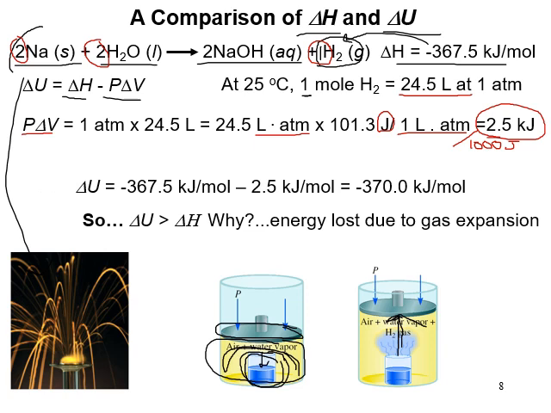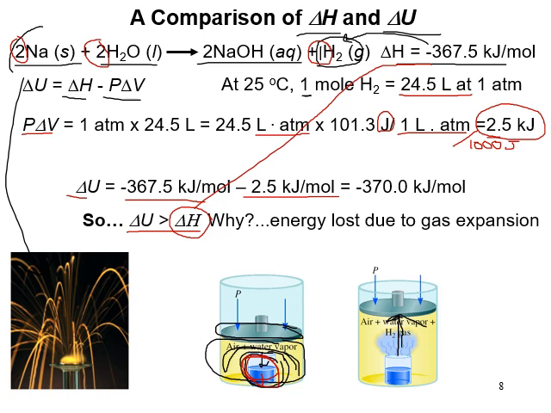So when that occurs, you get this change in internal energy of the system. Now, what was the system? The system was this little beaker of water, and you dropped in the sodium. And when that occurred, you get a change in internal energy that's dictated by enthalpy and work. So as far as this delta U and delta H, remember the delta H that you're seeing on this chemical equation up here was negative 367.5.